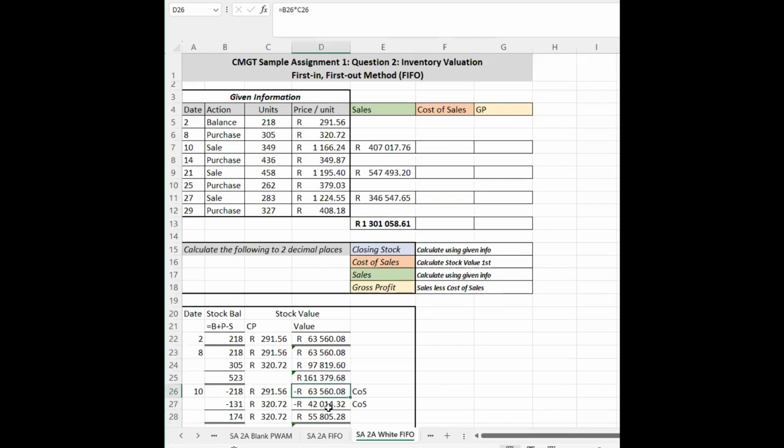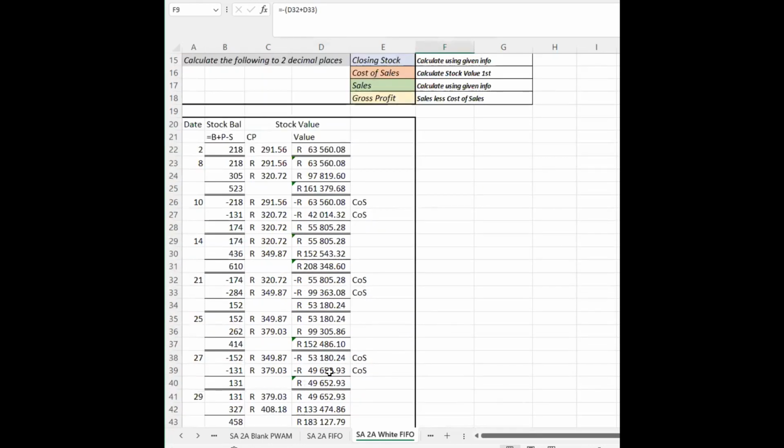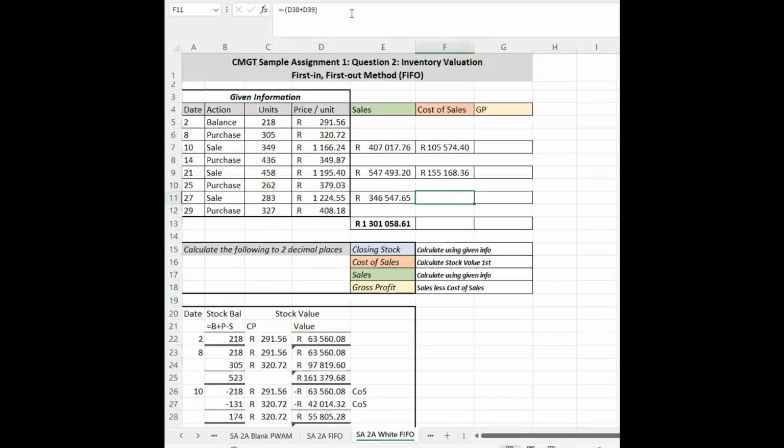We didn't add them here, but here we are now going to add the two to see that the cost of sales is 105. On the 21st, we're going to add the 55 and the 99. And on the 27th, we are going to add the 53 and the 49, almost 50. And of course, then we can go and add those together.